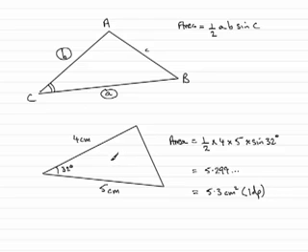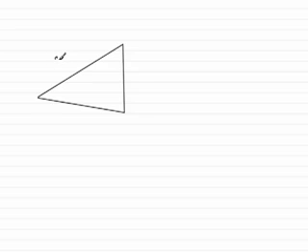Okay, so let's try another example. This time the example that we're going to do will be in radians. So let's suppose that we've got a triangle something like this, again not drawn to scale. Let's suppose that this is 8.3 meters and this side here is 6.1 meters. So we have our two sides and we're looking for an included angle.